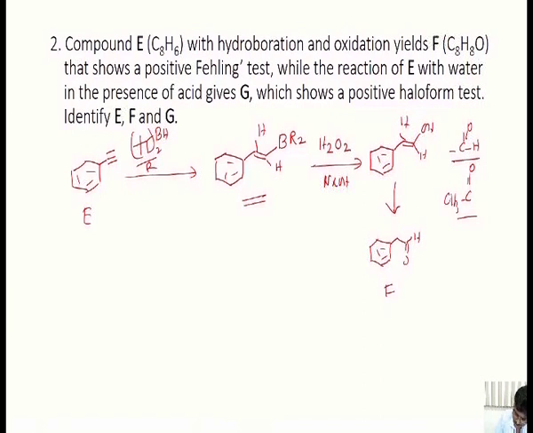Fehling's solution is a mixture of copper sulfate and sodium potassium salt of tartaric acid. It's a copper 2 complex.